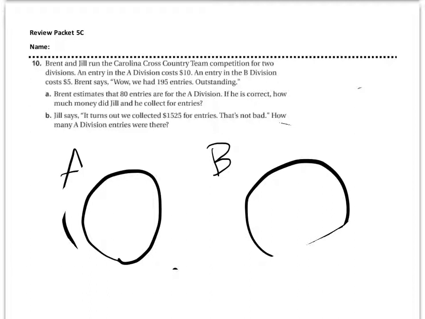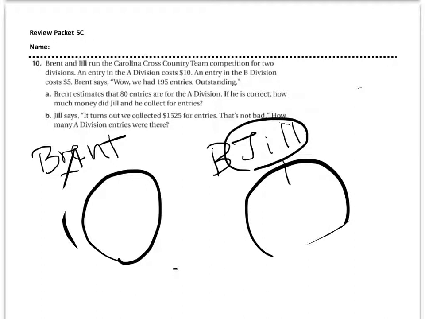That's a subtraction problem, pretty easy. By the way, Division A, Brent is running, and Division B, Jill is running, so Jill is in charge of Division B. So A is pretty easy.